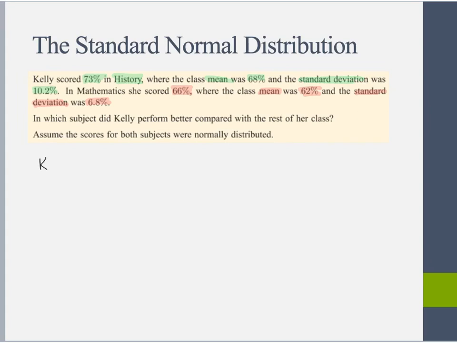So if we talk about Kelly's z-score for history, if we remember that formula, z is equal to x minus the mean, divided by the standard deviation.